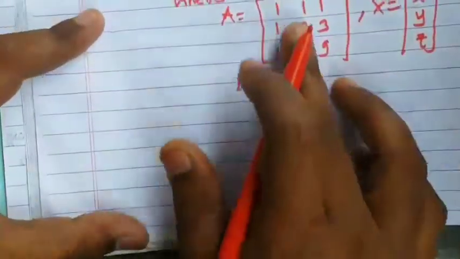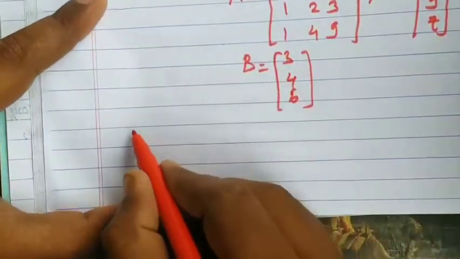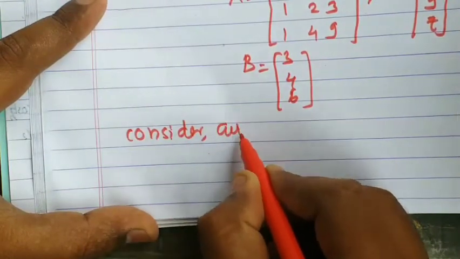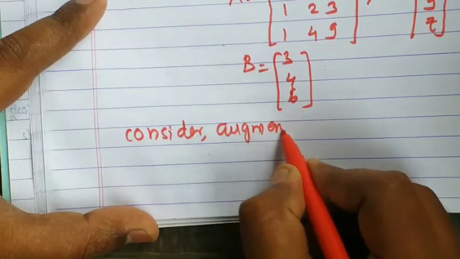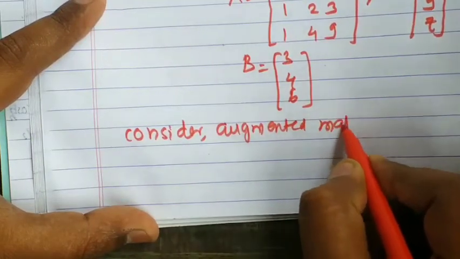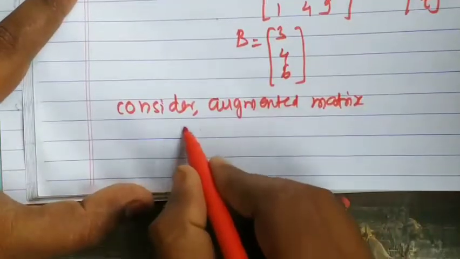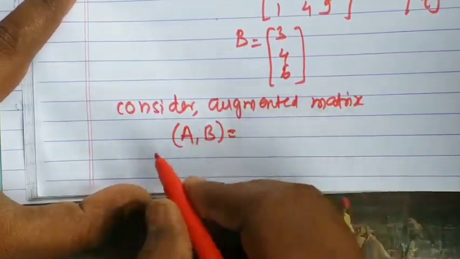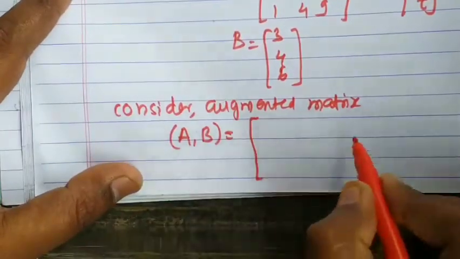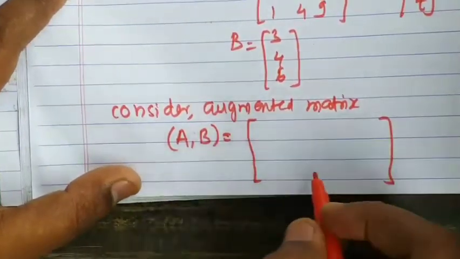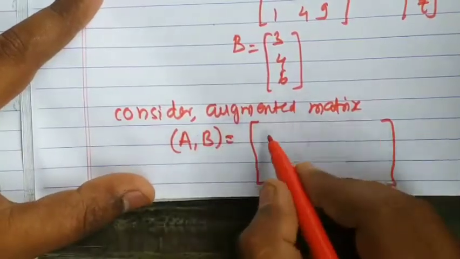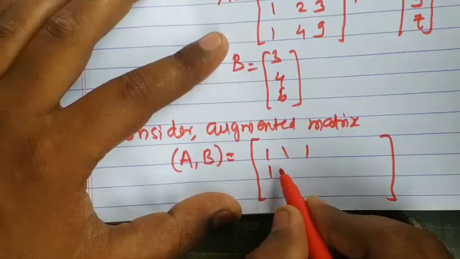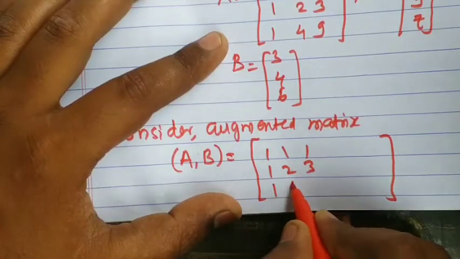Now using this A and B, we are going to form the augmented matrix. Consider the augmented matrix A comma B. We denote it by A comma B, or A colon B. Two notations are there, but this one is easier to write, so we'll use this notation. Now how do we form this matrix? First you write the matrix A, which is 1 1 1, 1 2 3 and 1 4 9.